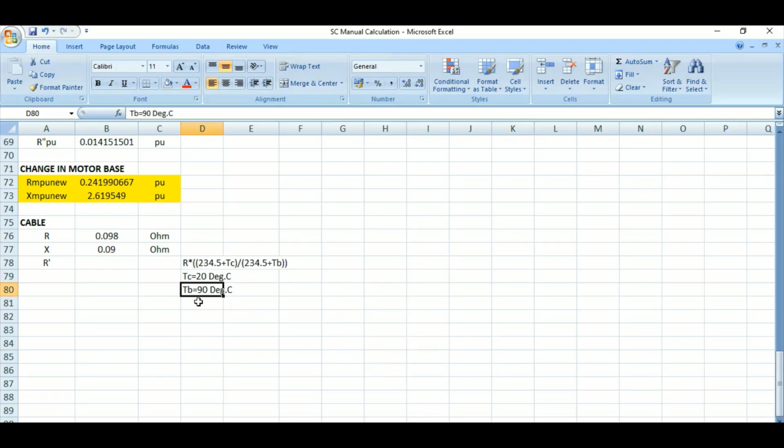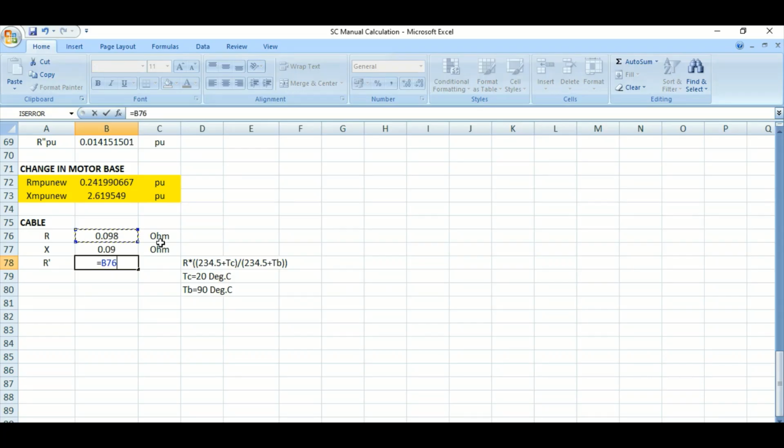If it is PVC cable, it will be 70 degree centigrade, but the cable conductor temperature is always mentioned as 20 degree centigrade. So we need to convert this cable resistance value.